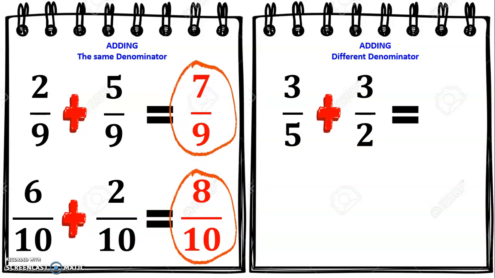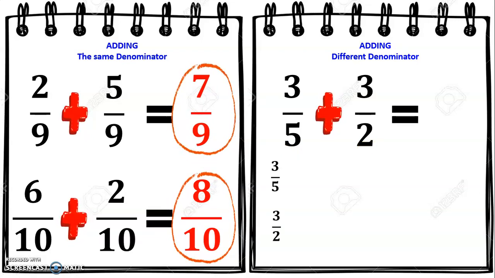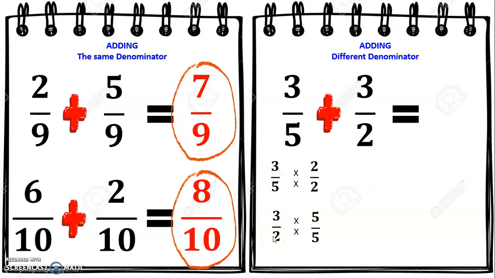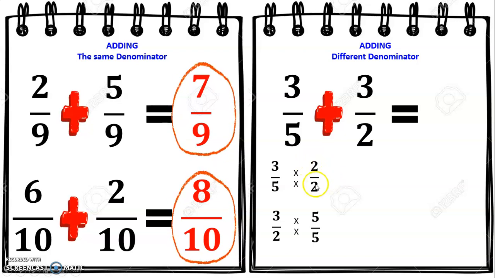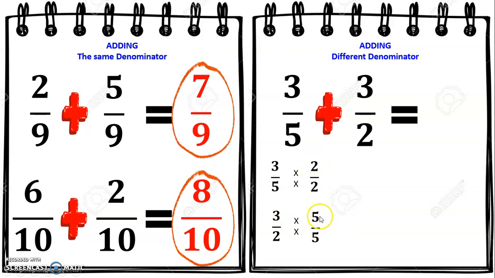So what we're going to do first is get the common denominator of each number. So we have here 3 over 5 and 3 over 2. Multiply the first by 2 and the other by 5.